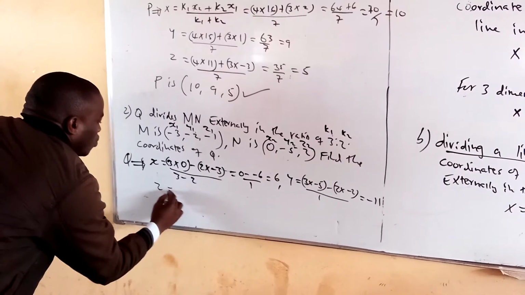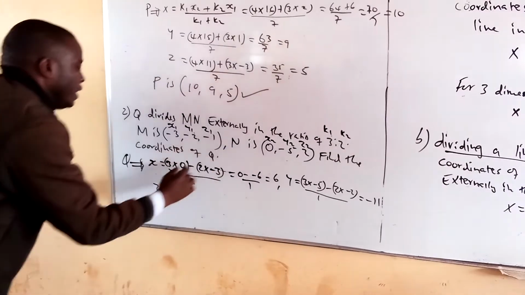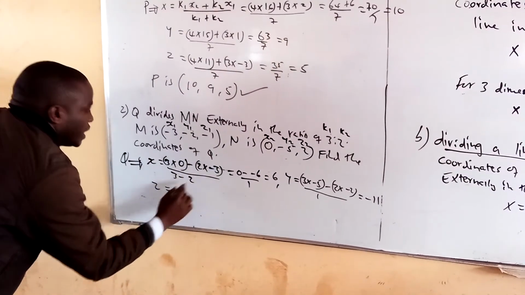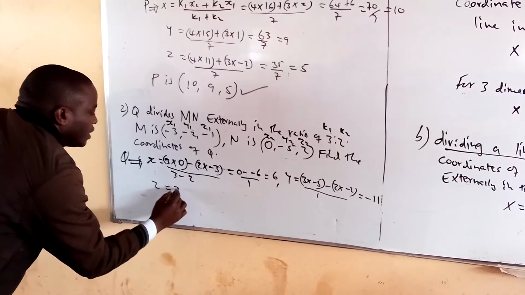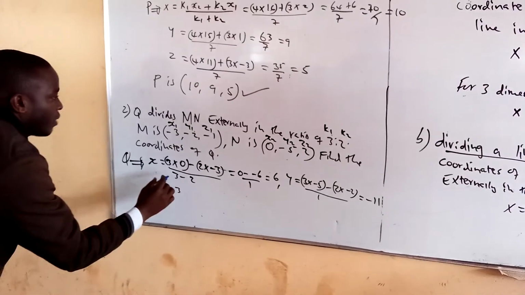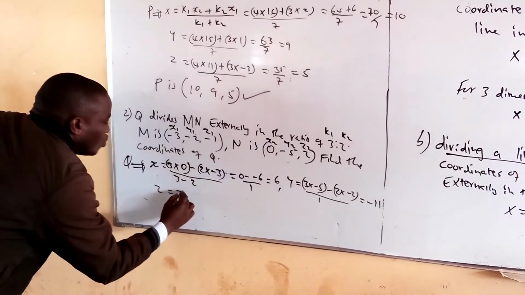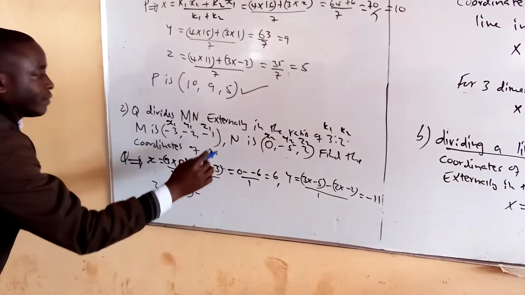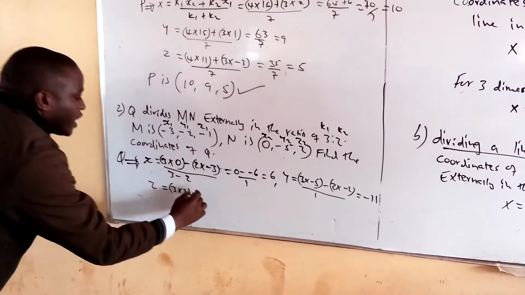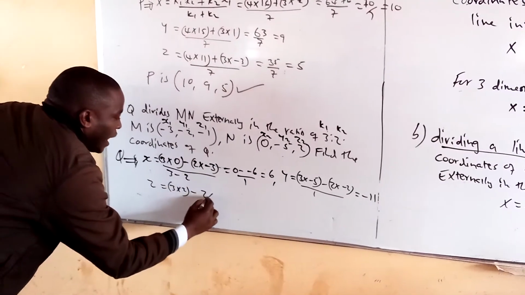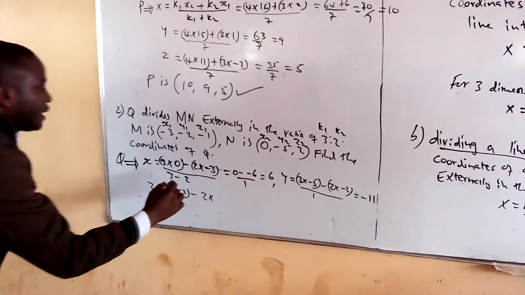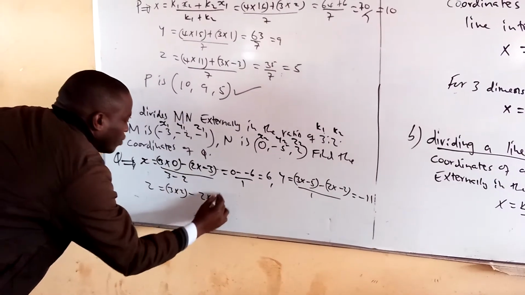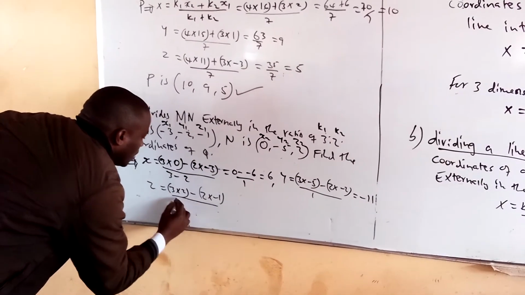We do the same for z. Z will be equal to k1, which is 3, times z2, which is 2, minus now k2, which is 2, times z1, which is -1, all over 3 minus 2.